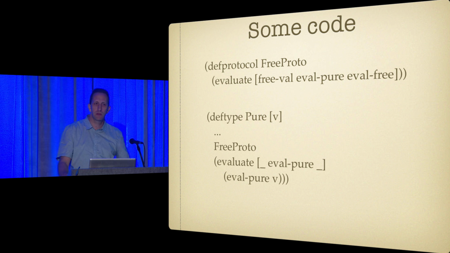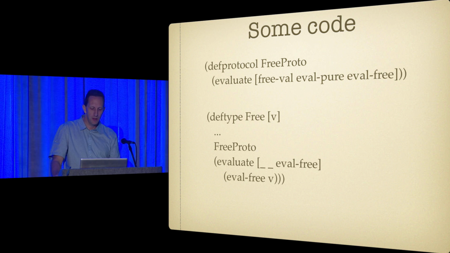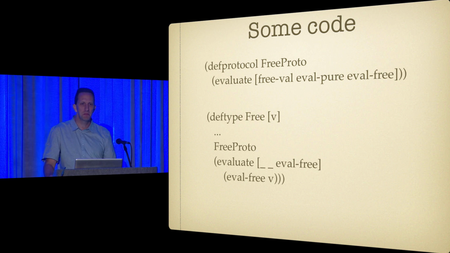So it ignores the other two parameters and just takes that eval pure function and takes the value v that it wraps and calls eval pure with v. And then whatever value is returned from eval pure is what becomes the return value of that call to evaluate. So again, nothing rocket science, just simple. Free is almost exactly the same. It just uses the other function that you're passing in.